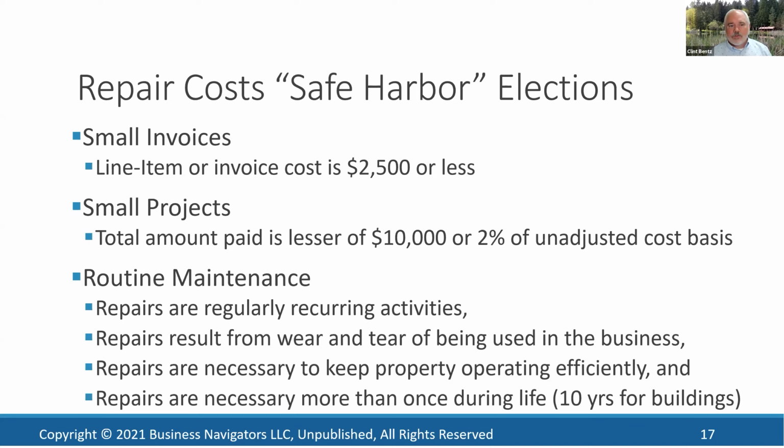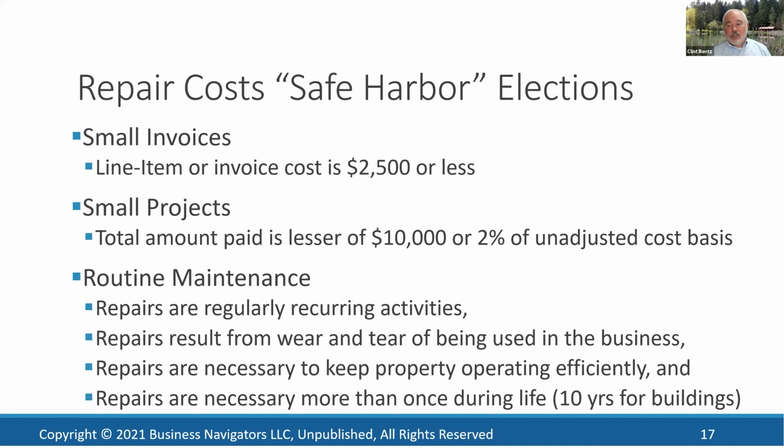We can deduct those. The next one is small projects. So if the total amount that you paid on the repair, no matter if it was a betterment, a restoration, or an adaptation, is the lesser of $10,000 or 2% of the unadjusted cost basis.